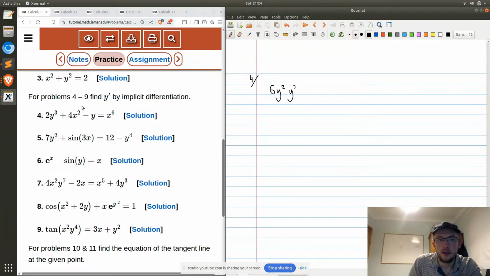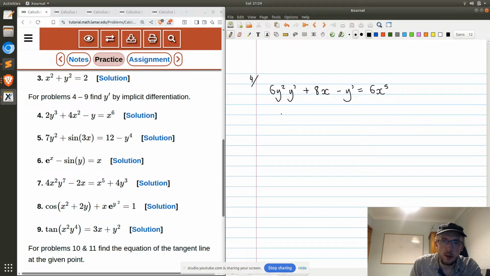That, I just get 8x. Then minus 1 times y prime, so minus y prime, and x to the 6, I'll get 6x to the 5.